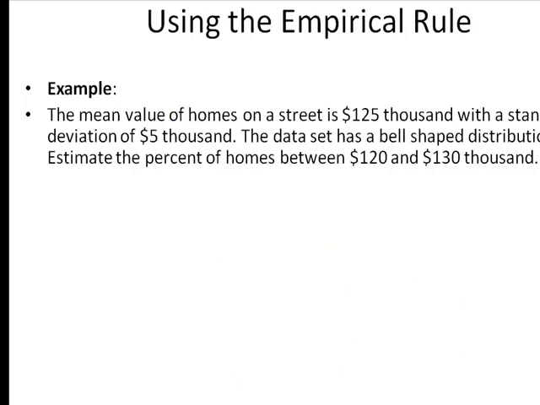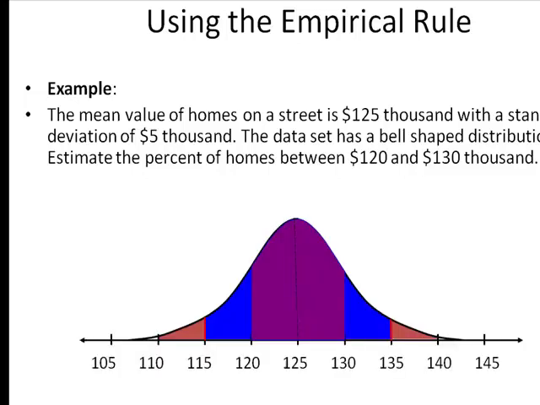Here's an example. Instead of grades, let's look at the mean value of homes. The value is approximately 125,000 with a standard deviation of 5,000. We're not only going to map this out, we're going to answer a question about estimating the percent.